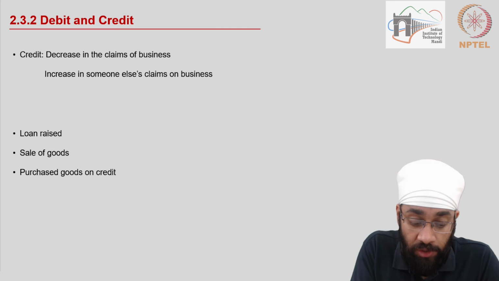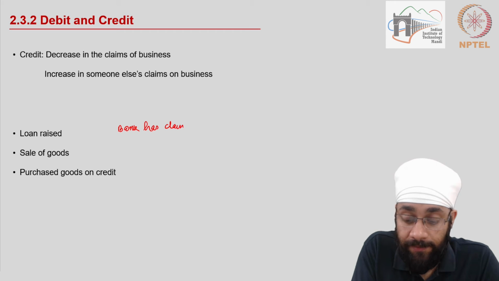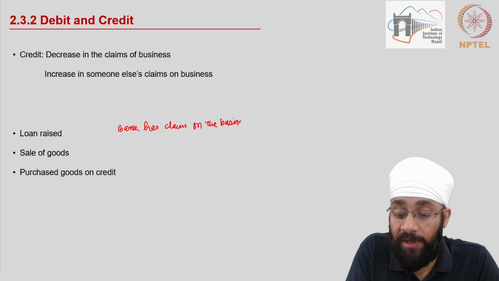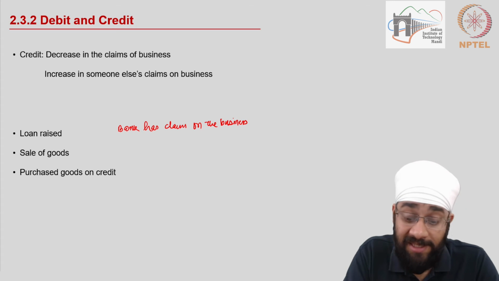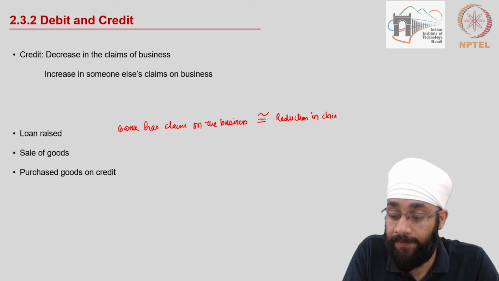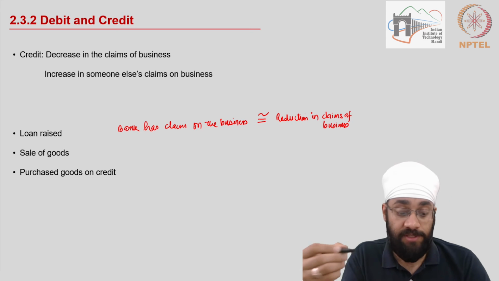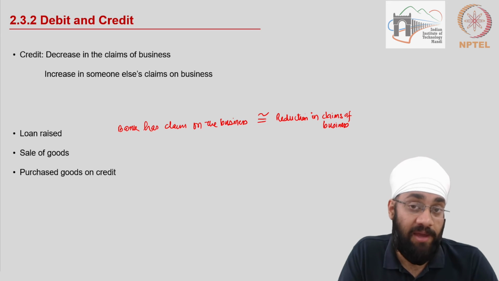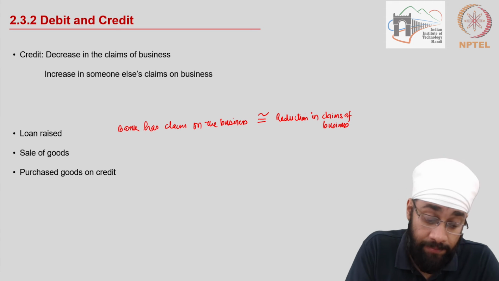Loans raised. When you raise the loan, the bank has a claim on the business. Anybody having a claim on the business is equivalent to a reduction in the claims of the business, because if the business does not pay back the loan, the bank can use legal machinery to recover the money.